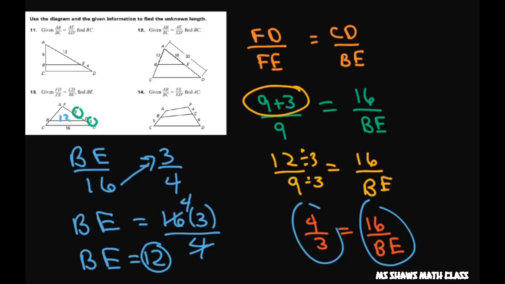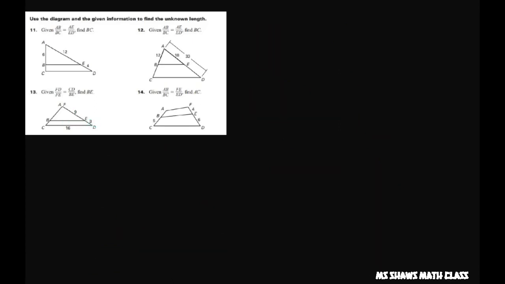And the last one, I have AB divided by BC equals FE divided by ED. And we're supposed to find AC. So once we find AB, we can just add those two up with the 5.